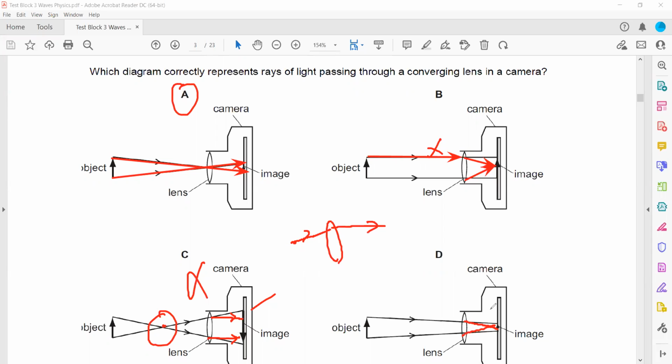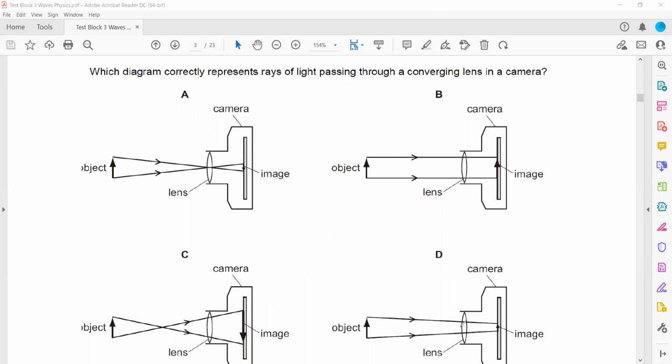It should converge at one point because it is not parallel. If it is passing through the center of the lens, that is the only case when the light can pass straight. But it is not the center of the lens, so there should be a refraction, in terms of a change in direction as well. But in D, there is no change in direction. So the correct answer is A.